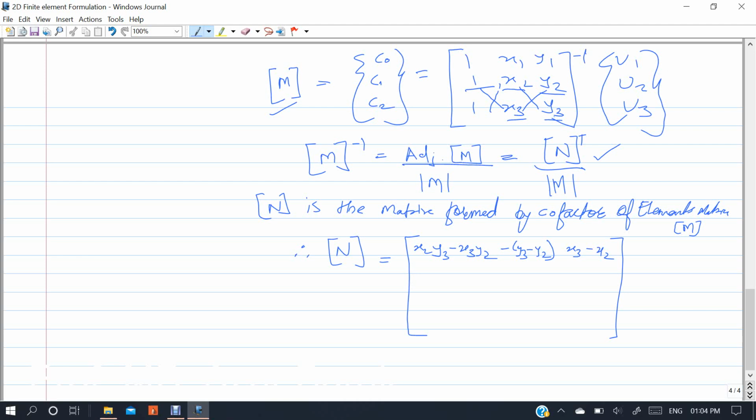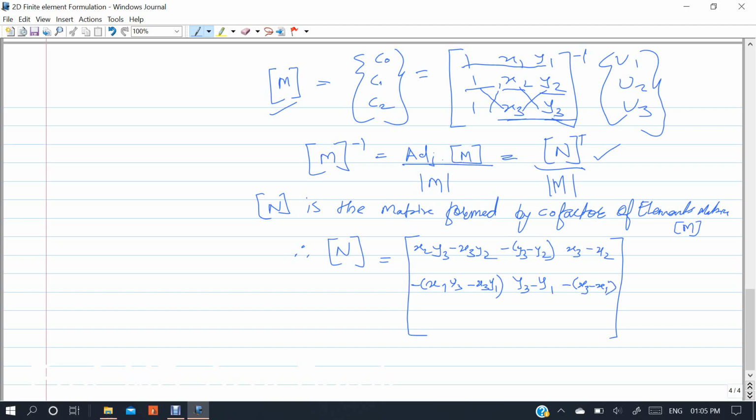Then similarly for the second row, we have to use the first row and the third row for multiplication. Again the same method: minus x1 y3 minus x3 y1, then y3 minus y1, then x3 minus x1.